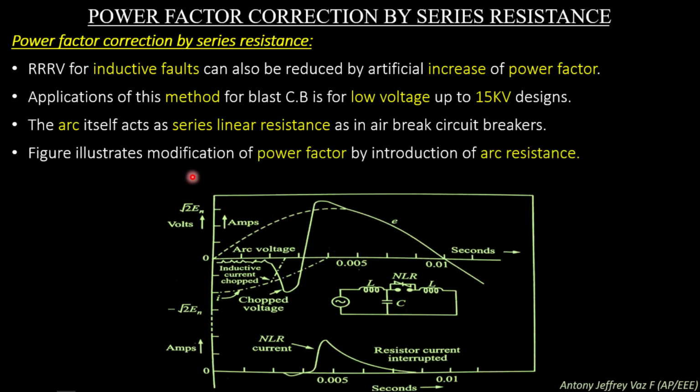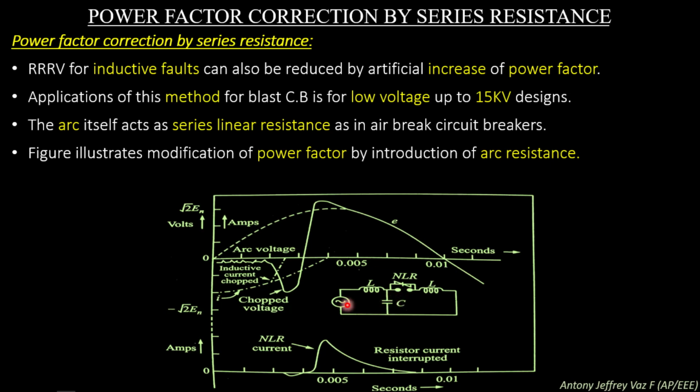The figure illustrates modification of power factor by introduction of arc resistance. In this figure, you can see the power factor of the system can be increased, so the rate of restriking voltage is decreased. You can see the power system equivalent circuit in this figure.